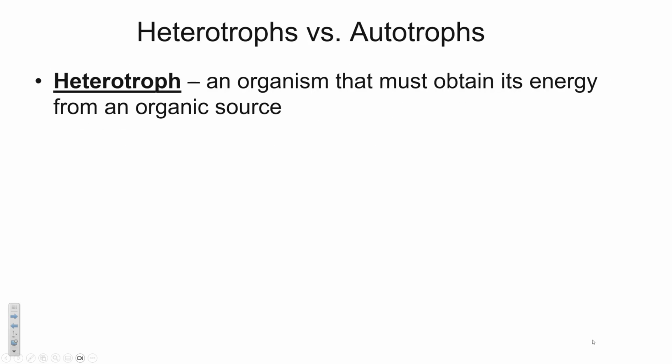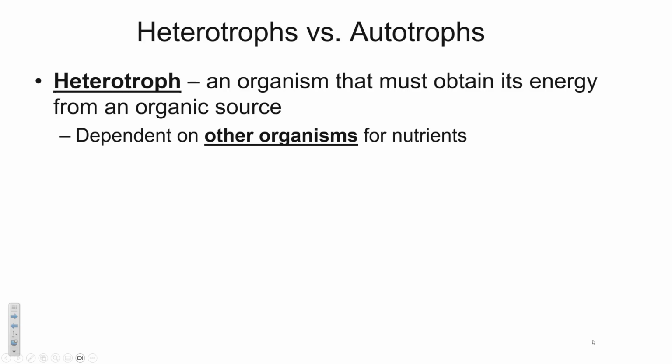Now, when we get into the types of organisms, this has a determination on how they acquire their sources of energy. So, for example, a heterotroph is one that gets its energy from an organic source. So a heterotroph is basically an organism that has to go eat something or digest something that is already either a living thing or a byproduct of a living thing.